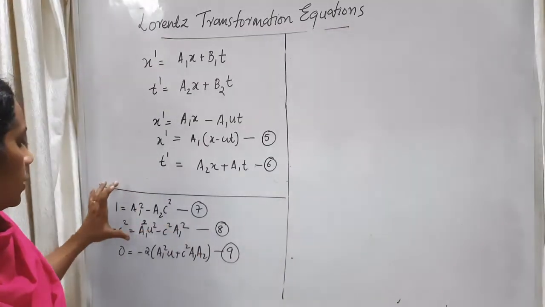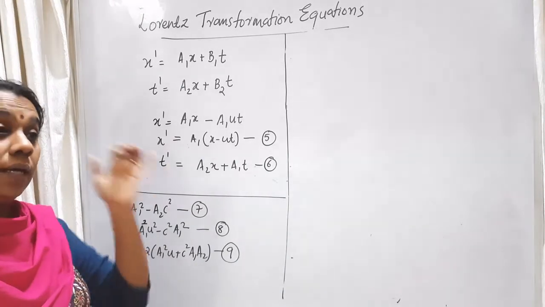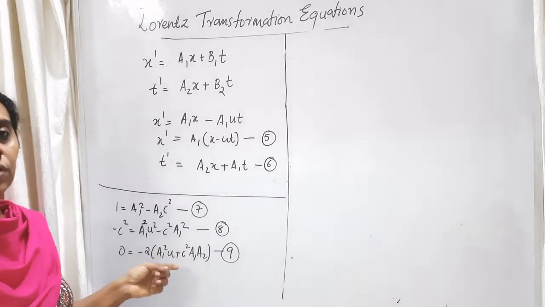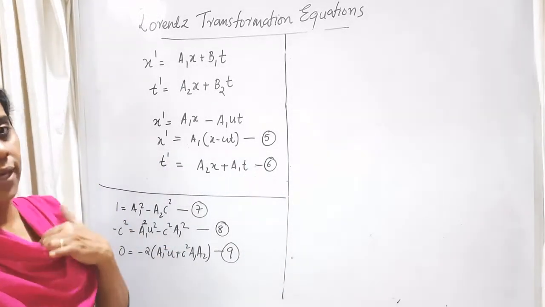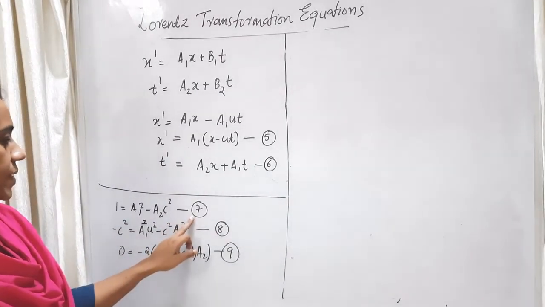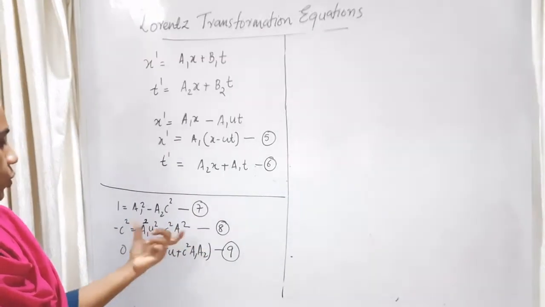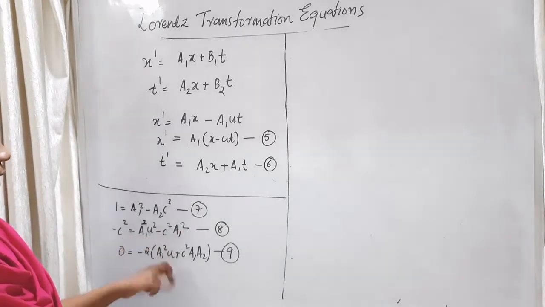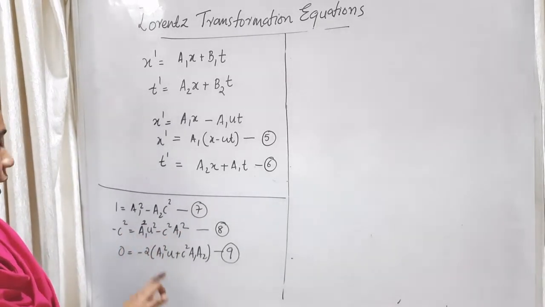These are the equations which we have obtained while equating the coefficients of x square, t square and xt. So let me number them as 7, 8 and 9. I am choosing equation 8 to get the value of a1.